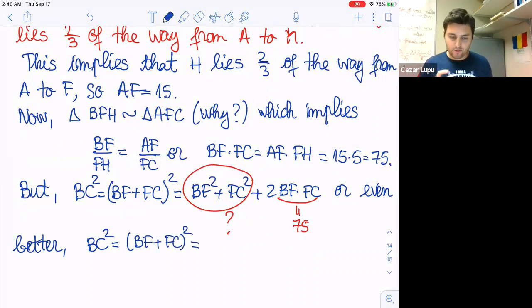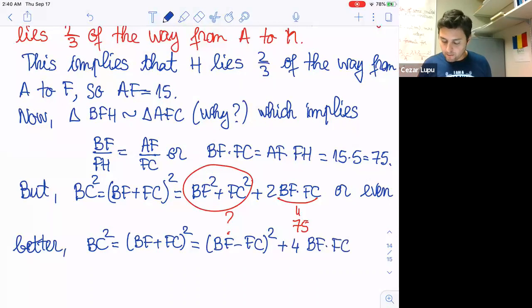And now I'm going to do the following trick. So I'm going to write it in this way, BF minus FC, everything squared, plus, and now I'll have 4 BF times FC. Okay, and now at this point, BF minus FC.